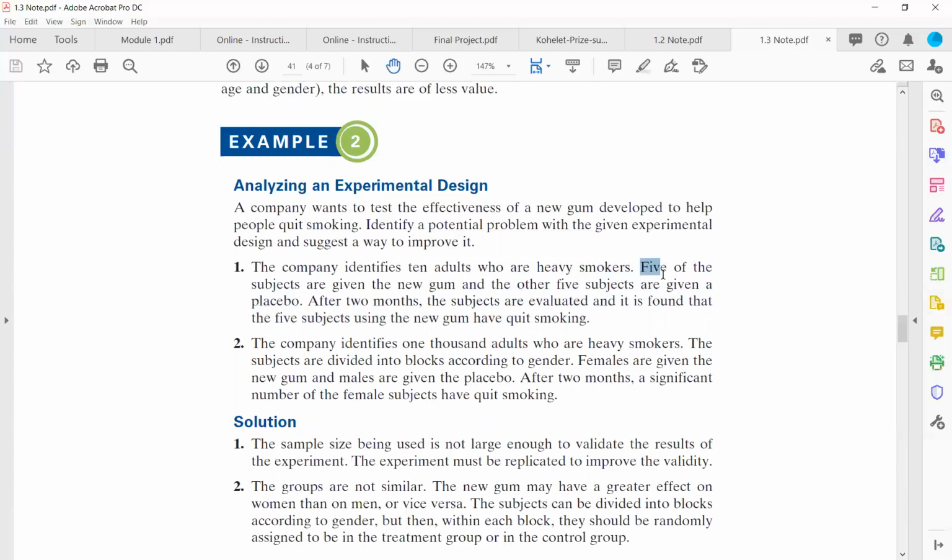The second one, it doesn't say anything about randomly selected. So there are 2 problems in the first case. The first one is that there are not enough people in your sample, and the second one, it must be randomly divided into 2 groups of 5 people.